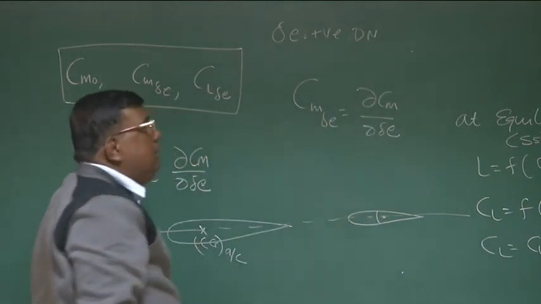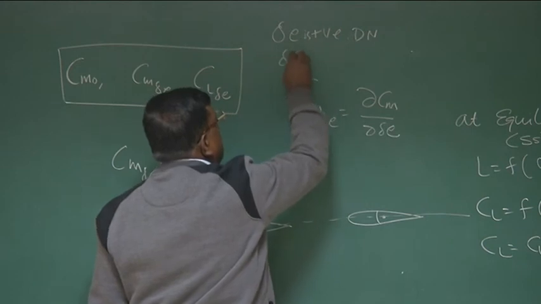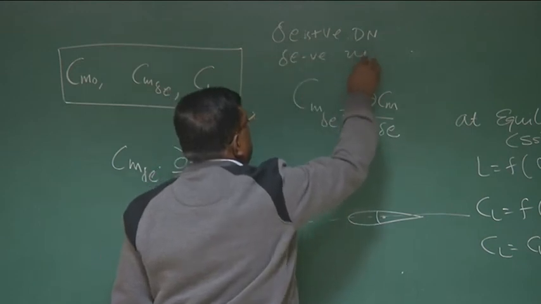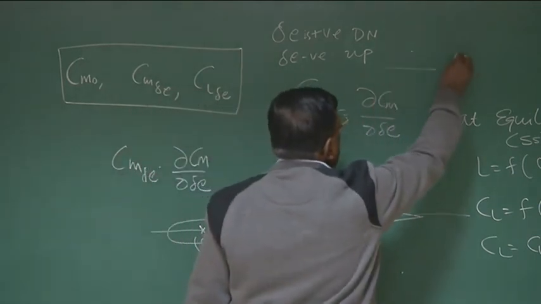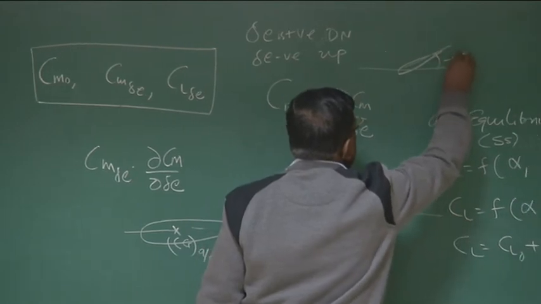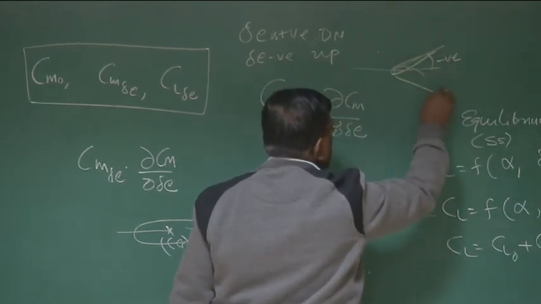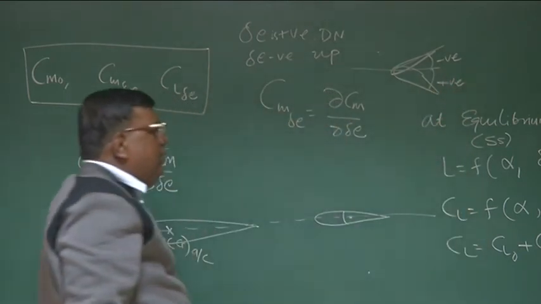As per the convention, delta E is positive down and negative up. If I am putting the elevator up like this, it is negative delta E, and if I am putting it down like this, then this is positive delta E. This is a matter of convention.